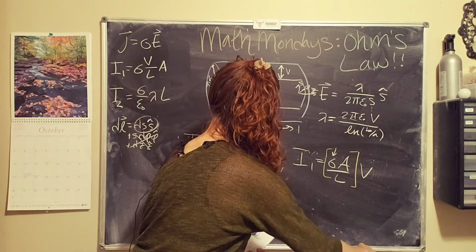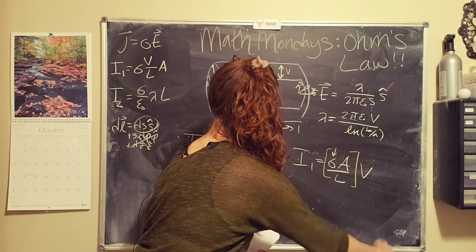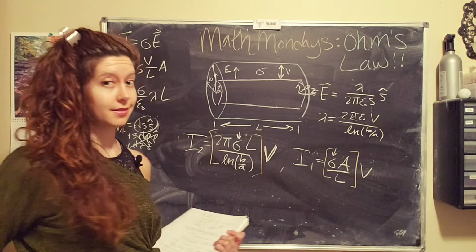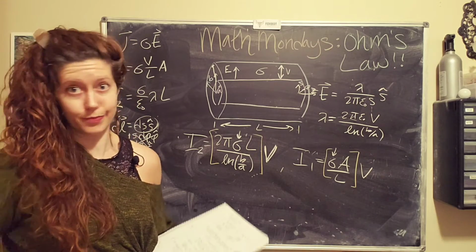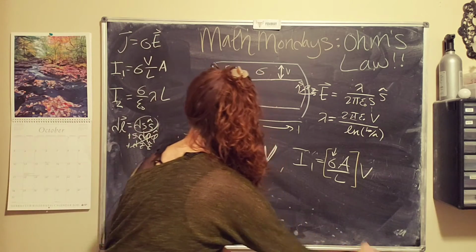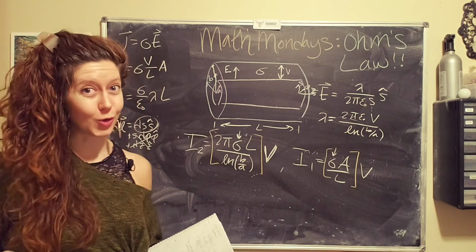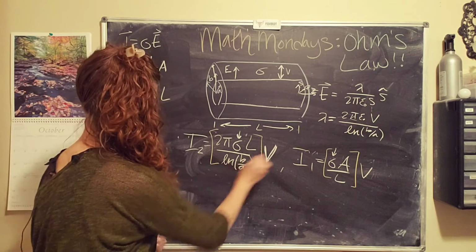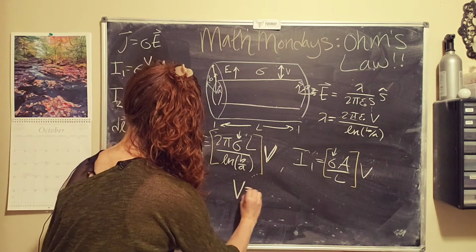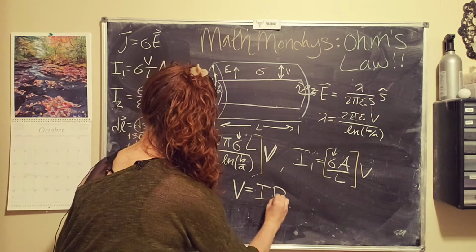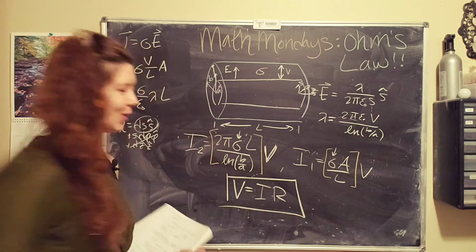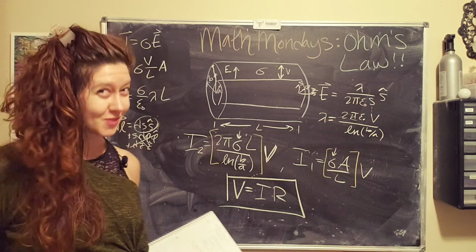So we could look at this and say, wait a second, this is just a constant that depends on the situation at hand. So we could write a more general form of this equation: V equals I times R. Woohoo! There we go. We made it to Ohm's Law.